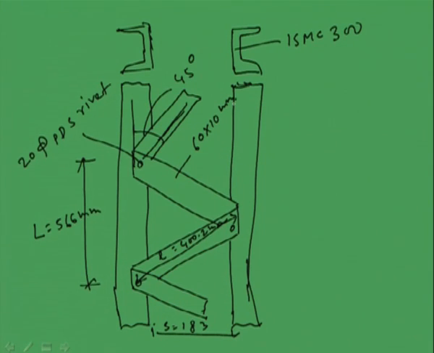This gauge distance we also know, A is equal to S plus 2G, that is becoming 283. So, these are the things which we made.